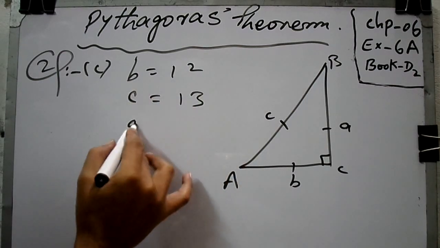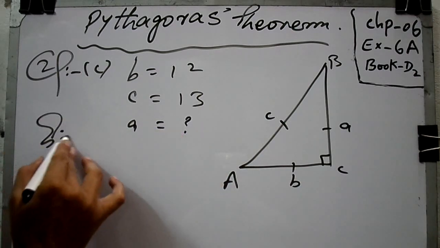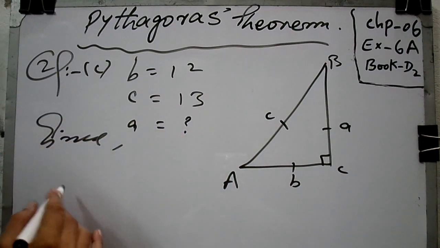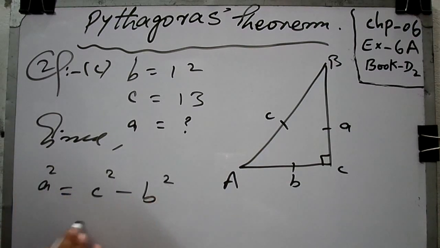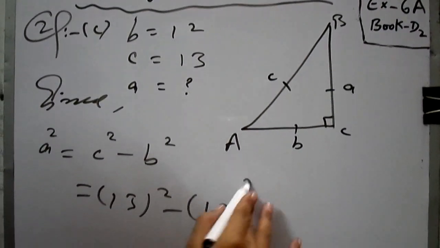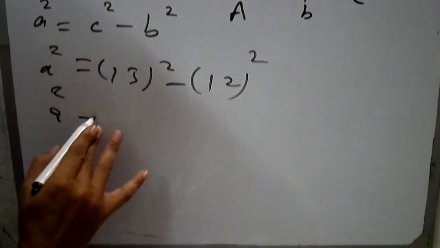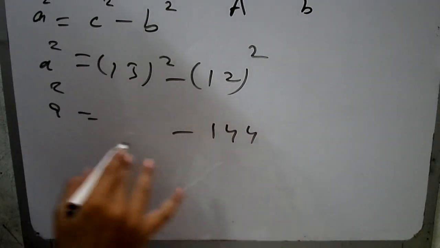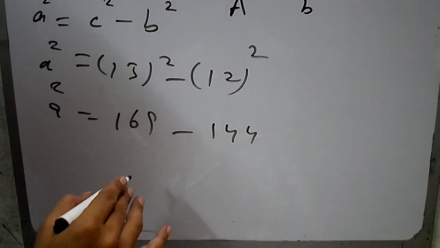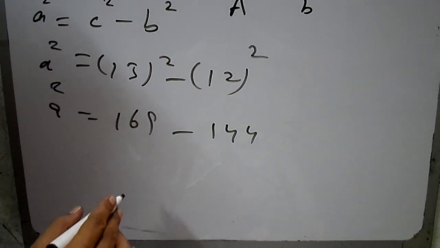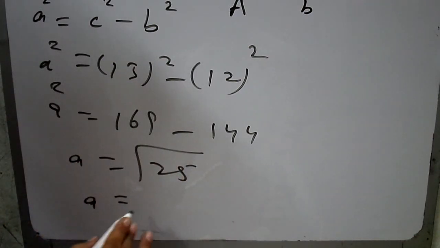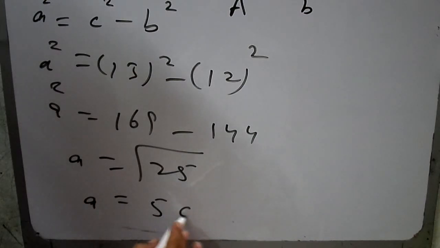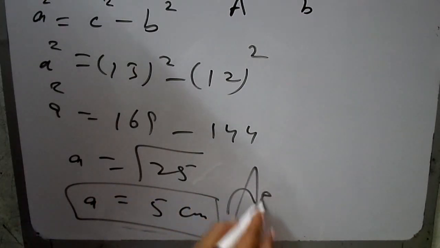Okay, we have to find A. Since by Pythagoras theorem A square is equal to C square minus B square, so putting the values, 13 square minus 12 square, so A square is equal to 169 minus 144, you will get 25, so under root, the value of A is 5 centimeters. So that is your result.